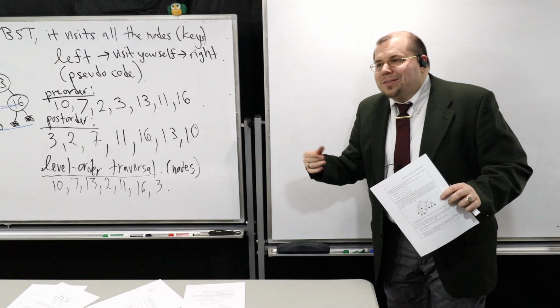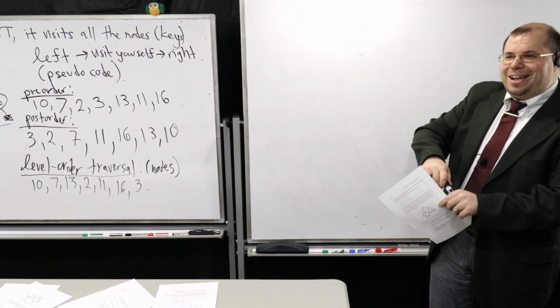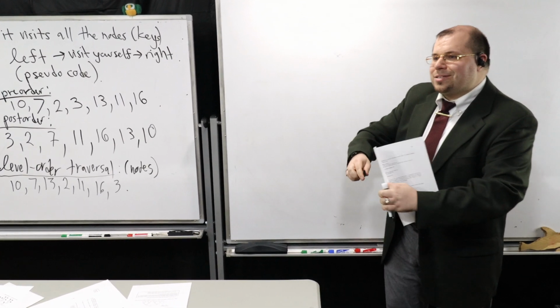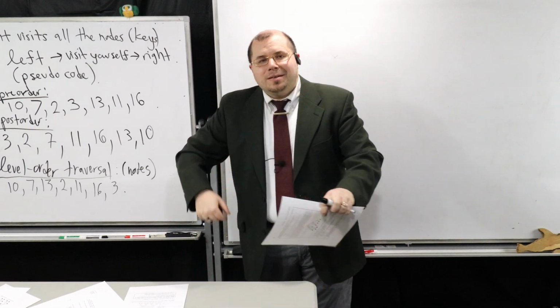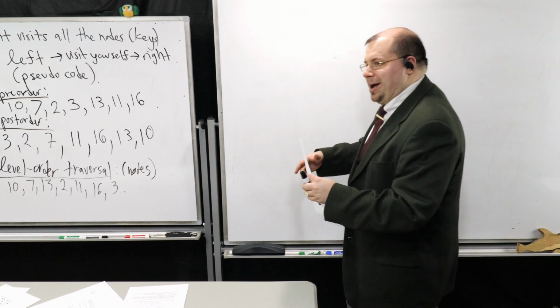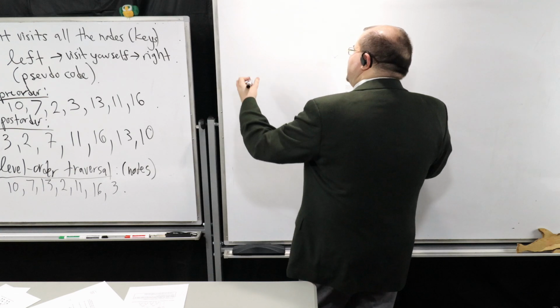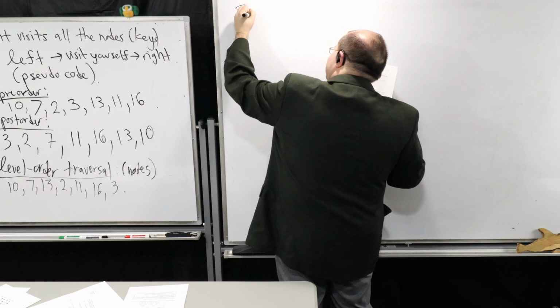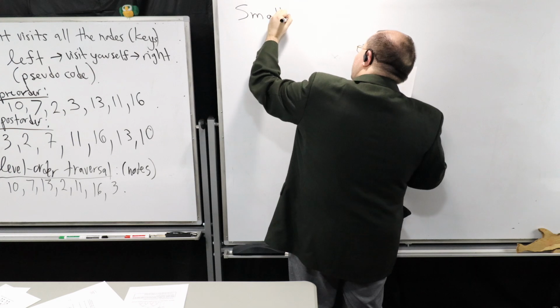I'm going to build up a repertoire of operations, and some of these algorithms are going to depend on them. So I'm going to start off with some rather simple ones, and then it's going to build up to something a little bit trickier, but I don't think they're necessarily too tricky. So let's start off with smallest.